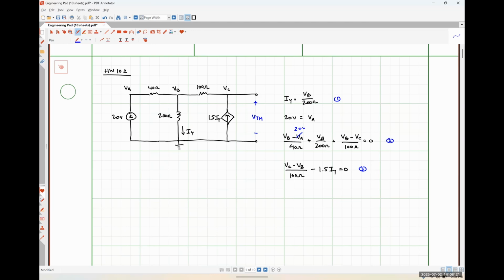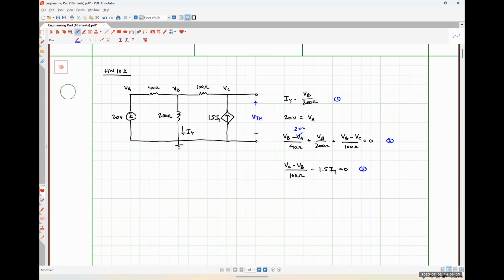In my second equation, my coefficient for VB is 1 over 40 plus 1 over 200 plus 1 over 100. My coefficient for VC is -1 over 100. Excuse me, my coefficient for IY is 0. And now my constant term is going to be positive 20 over 40.